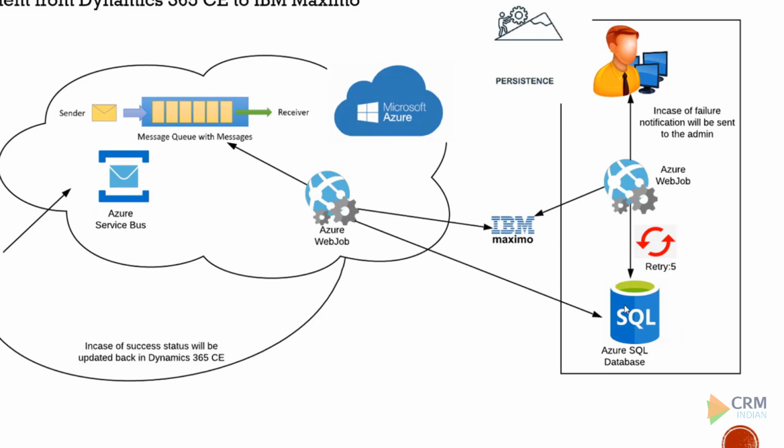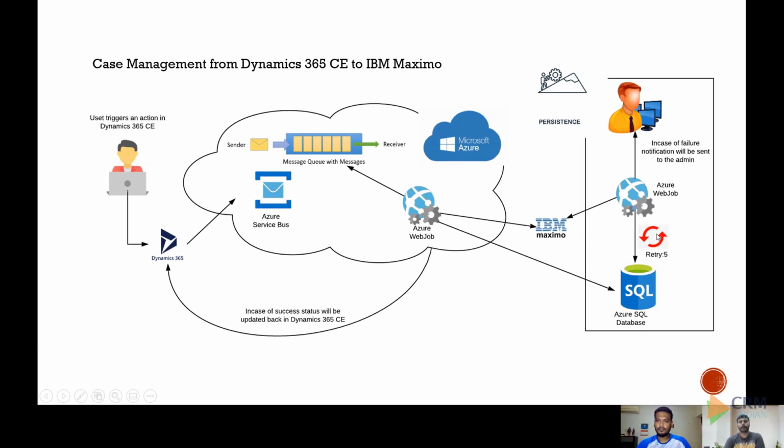Here we have a flag called retry count, and that retry count is incremented each and every time. We retry 5 times. After 5 attempts, we send a notification to the admin saying that this particular case is not synced with the IBM Maximo tool. This is the persistence logic we have built to handle error handling.